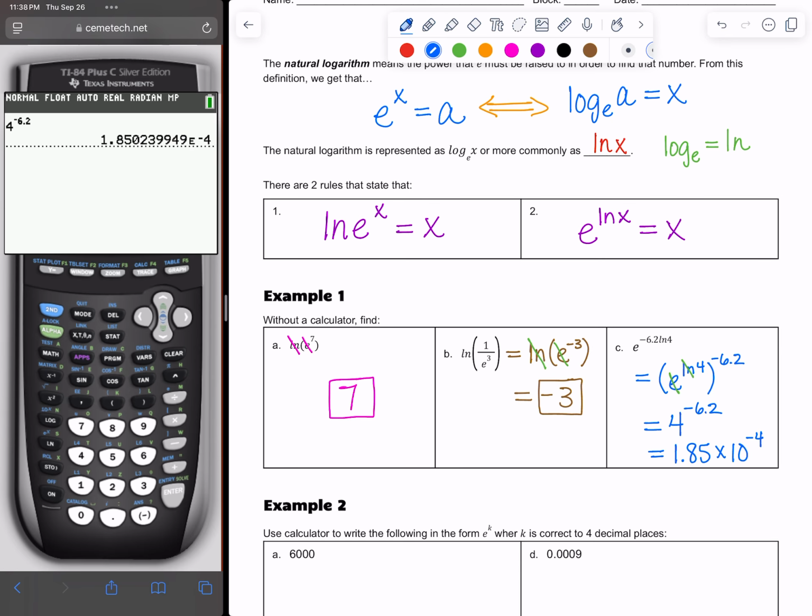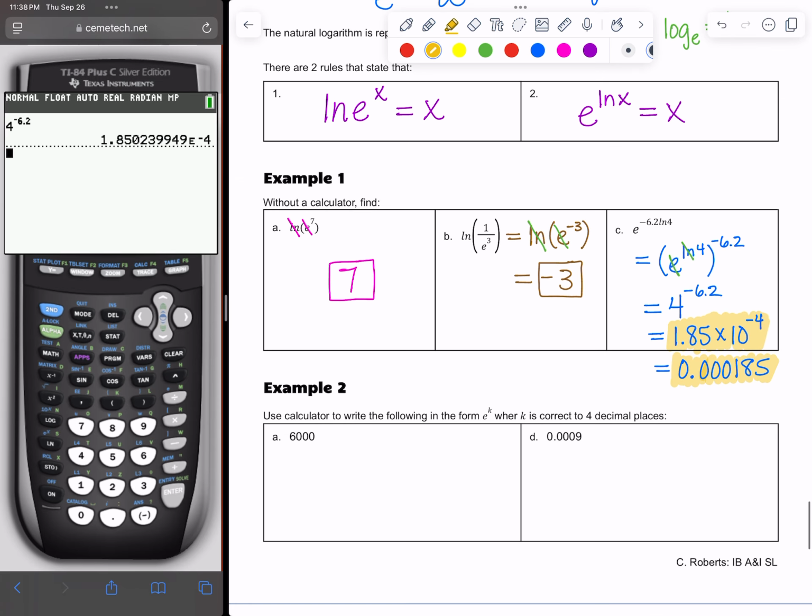Or if you wanted to, you could put it in ordinary number form, which will be 0.000185. Those are equivalent here. So these can be your two forms of the answer that you can get for this question.